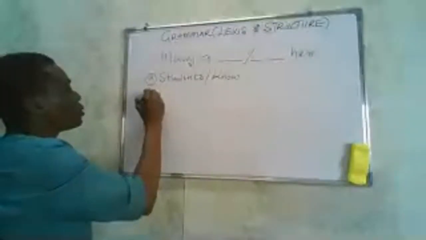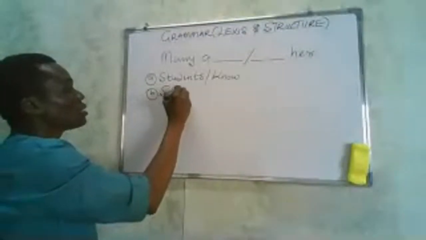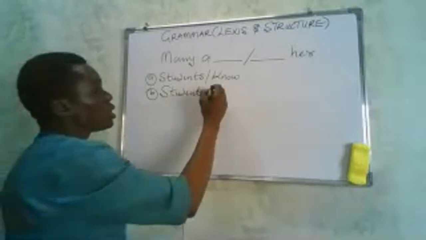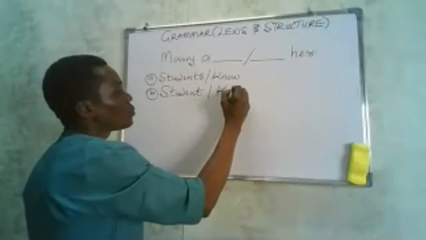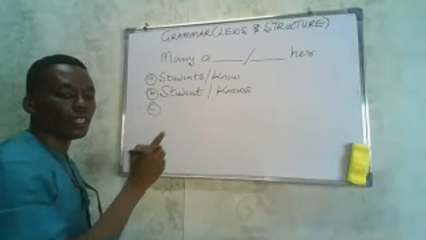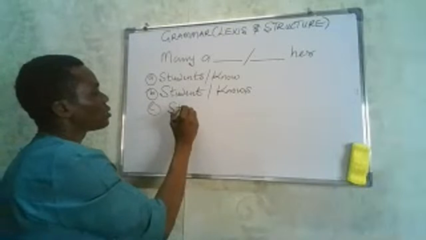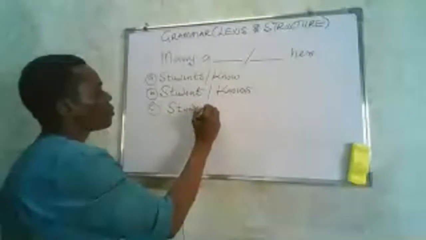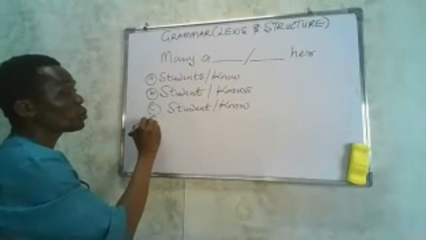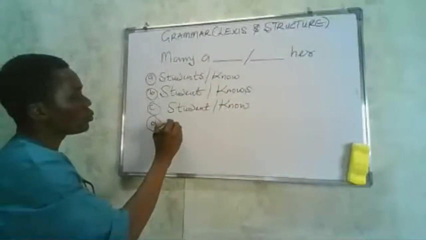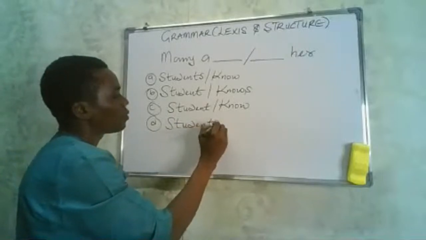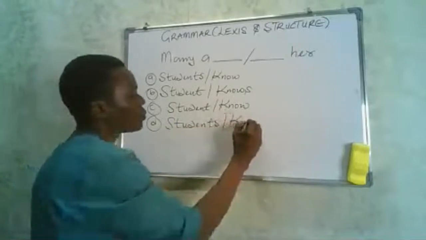In the other option, we are giving students, we are giving student or knows. In the third option, we are giving students or no. And in the fourth option, we are giving students or knows.